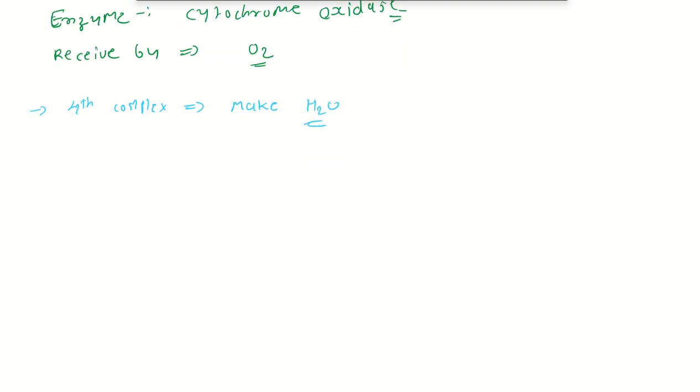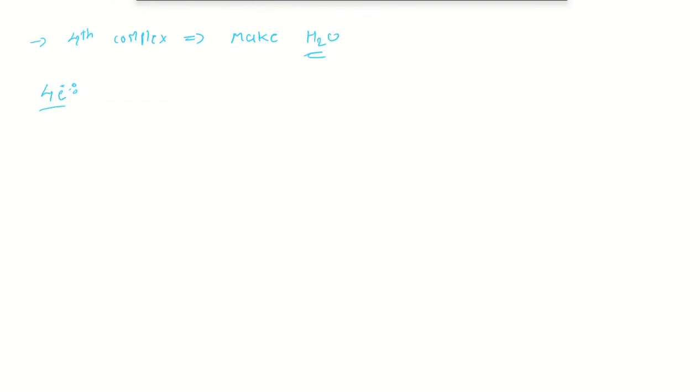Here we have four electrons. First, understand how H2O is formed. I am writing the product H2O first.